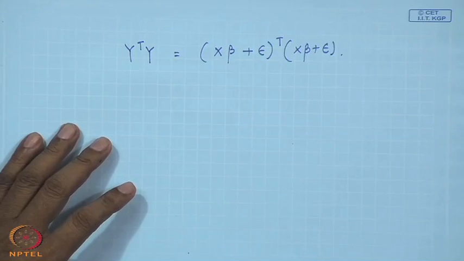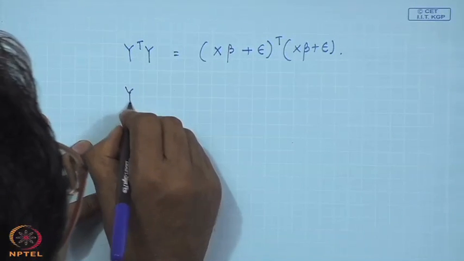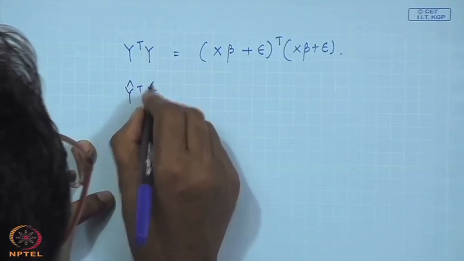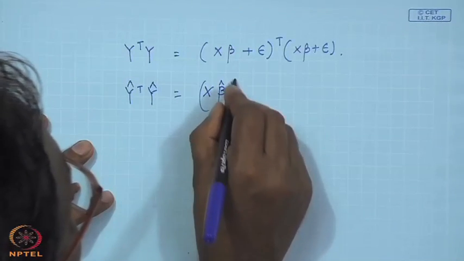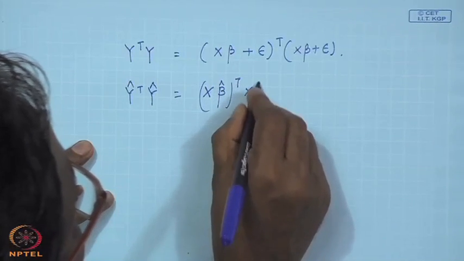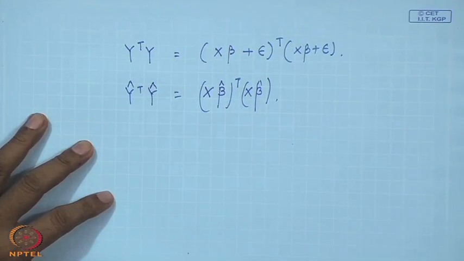Now, if I write Y cap transpose Y cap, this is nothing but X beta cap transpose X beta cap.